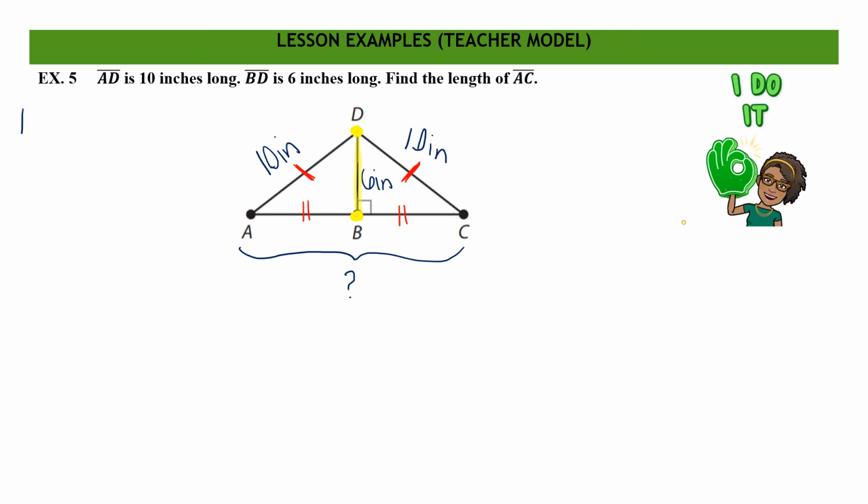We can first say that segment BD bisects segment AC. That's statement number one. We can say that BD is the perpendicular bisector.